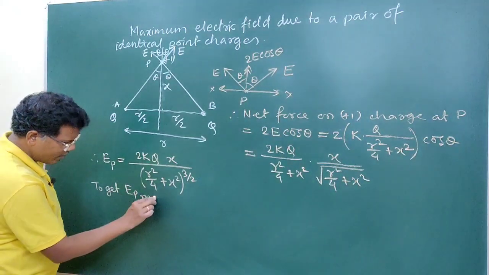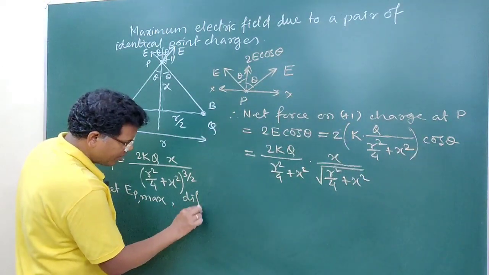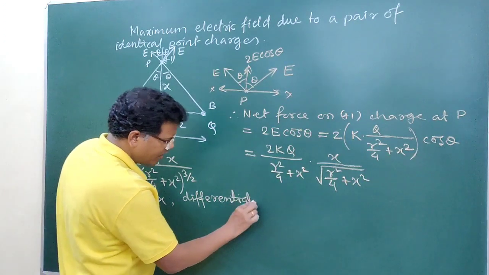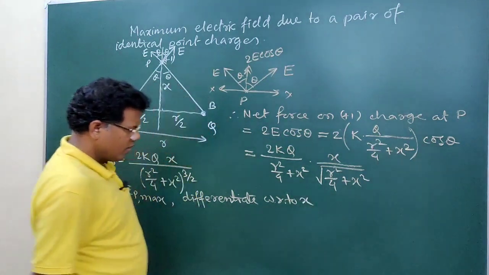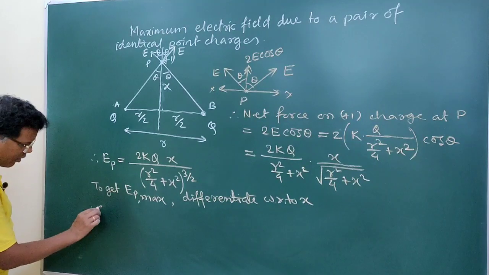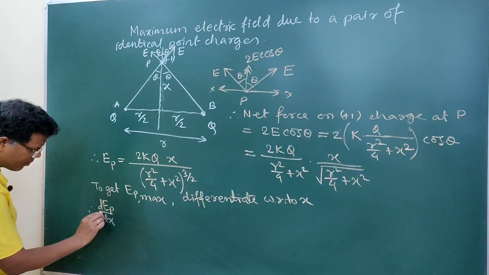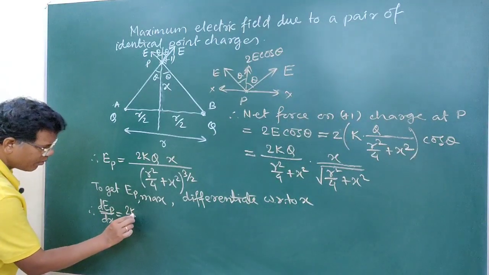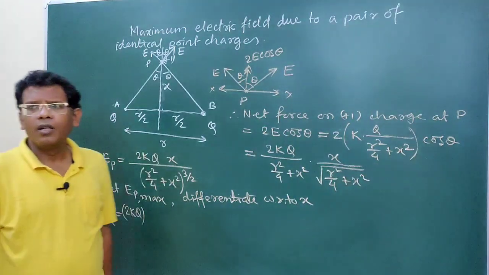So to get EP max, differentiate with respect to x. So if we need to differentiate it with respect to x, therefore dEP by dx, we can keep the constant term as it is and the rest part is the variable.